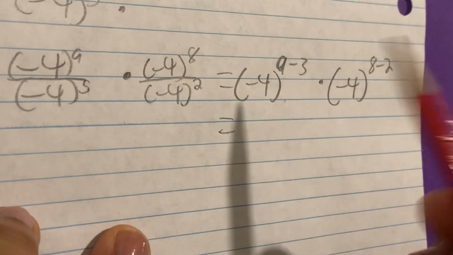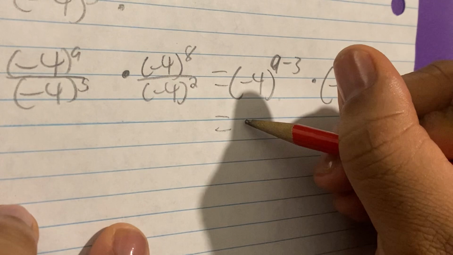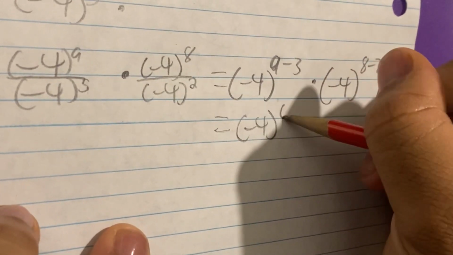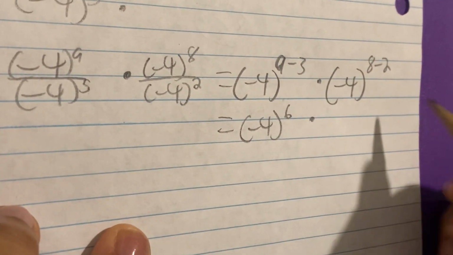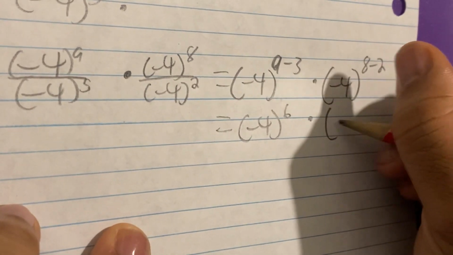I'm going to write negative 4 to the 9 minus 3, times negative 4 to the 8 minus 2. So what's 9 minus 3? That's going to equal 6. And then what's 8 minus 2? That also equals 6.